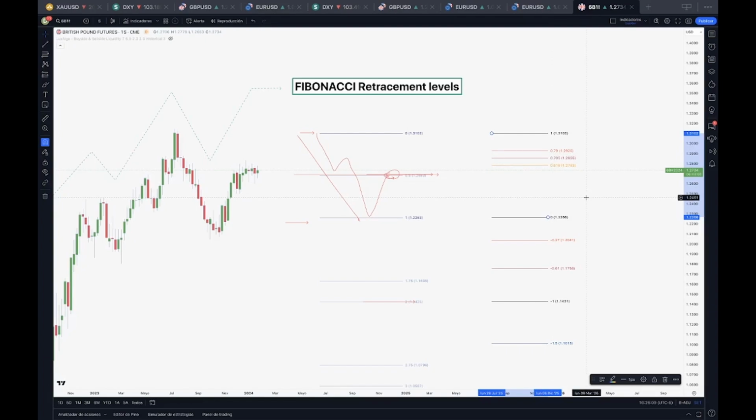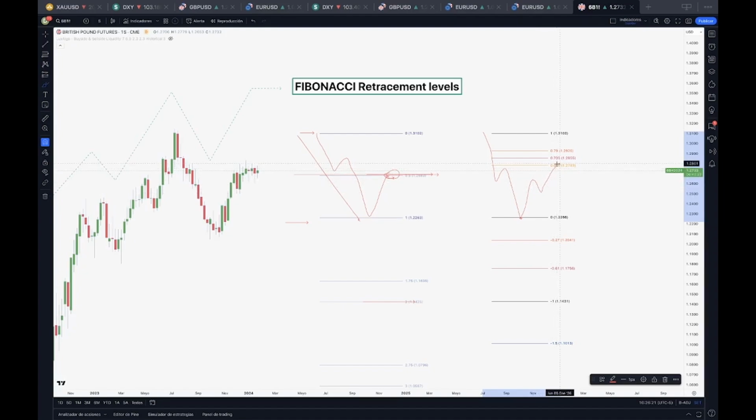The extension levels are used to identify the potential price targets. So, for example, if I place my order on this movement, this retracement, here we have the entire movement we are measuring, right? And then I'm planning to put a sell limit, for example, the level of the golden ratio.